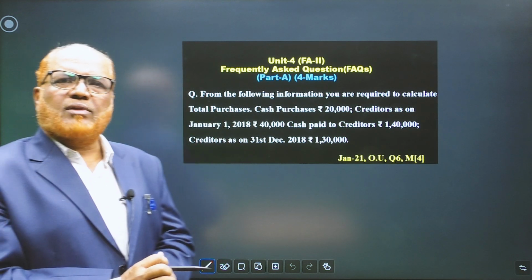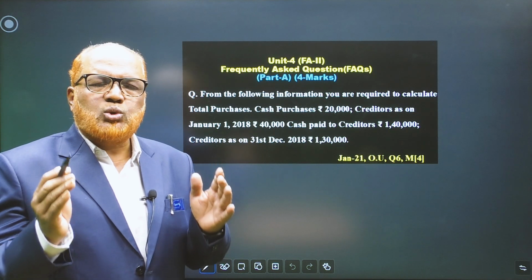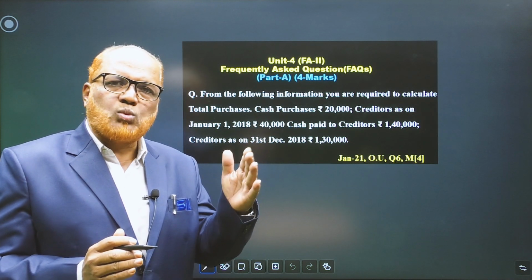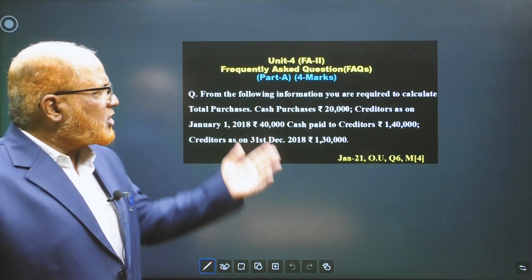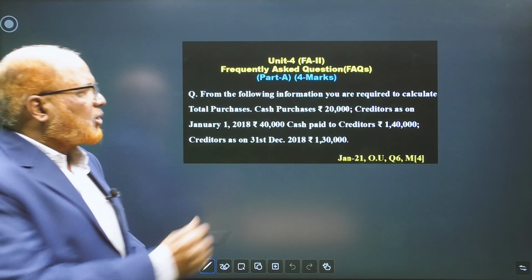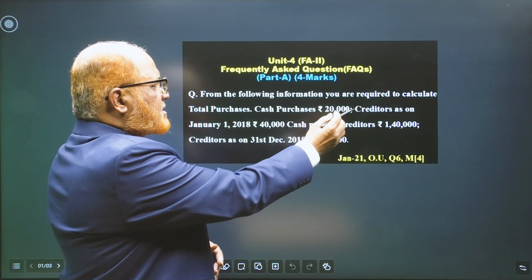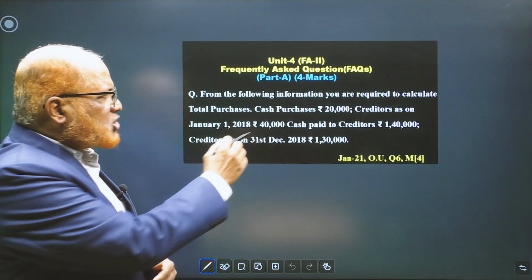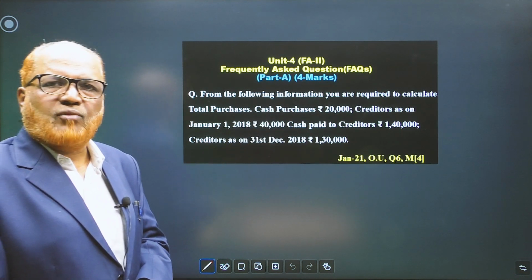Cash purchases are given. That means whenever it is asking you total purchases, you should remember cash purchases as well as credit purchases. Cash purchases are given, so you have to calculate credit purchases. So what information is given? Creditors as on January 1st, 2018, 40,000. Cash paid to creditors, 1,40,000.